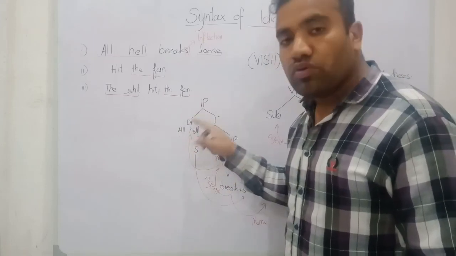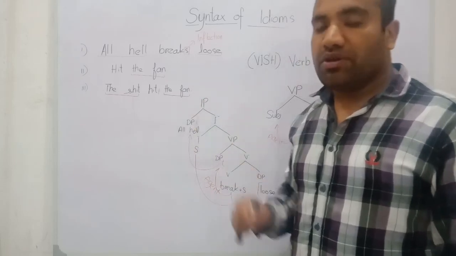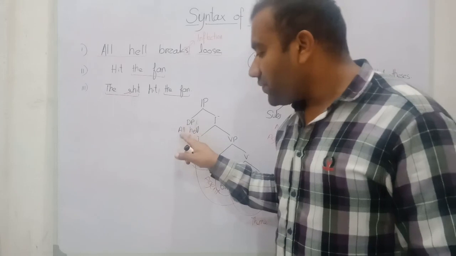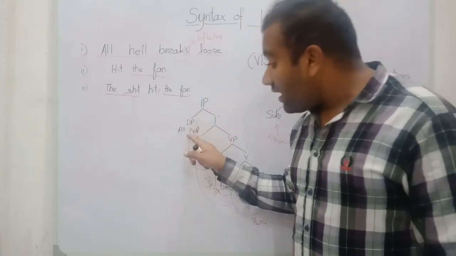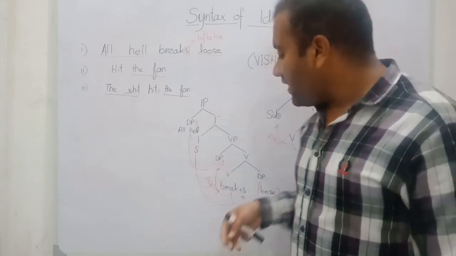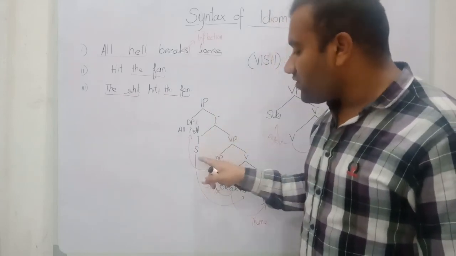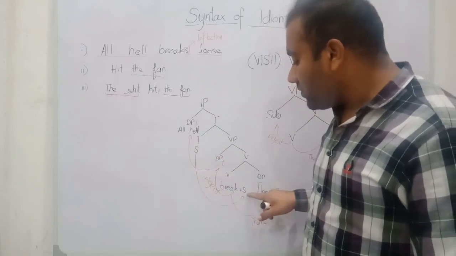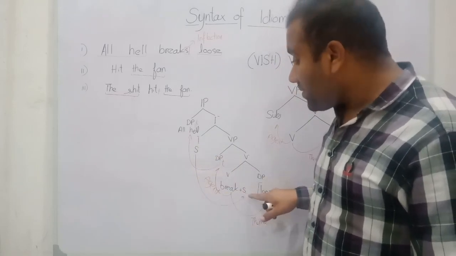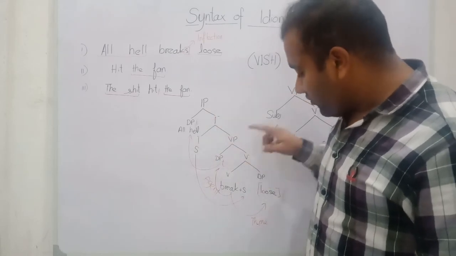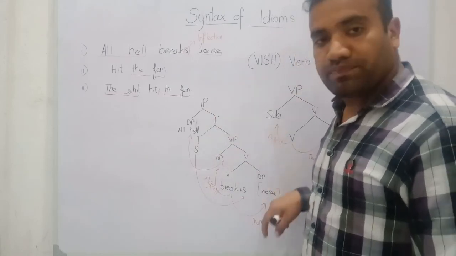This movement is due to the EPP feature. I assigns the hell the nominative case, and this is the present tense, the weak head that is attached to the verb break, and it becomes breaks. Our sentence will be: the hell breaks loose.